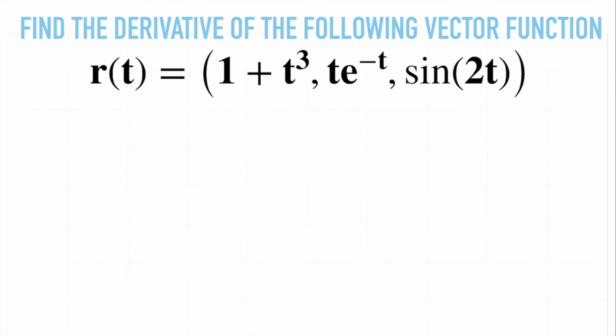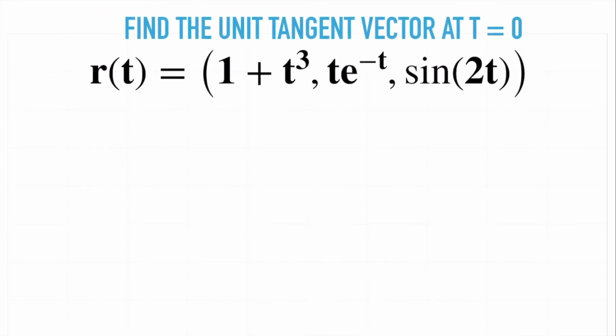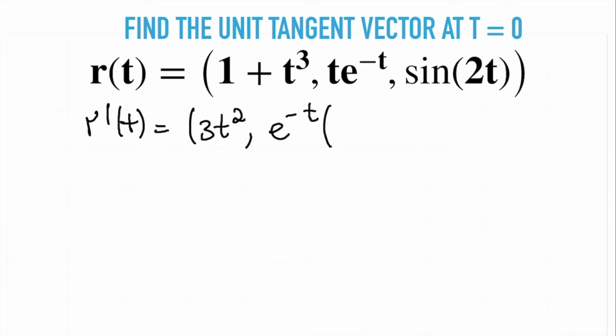Later on, let's assume that we have to find the unit tangent vector at t equal to 0. Again, we need r prime of t. r prime of t is equal to 3t squared, e to the power of minus t multiplied by 1 minus t, and 2 times cosine of 2t, which we calculated in the previous exercise.